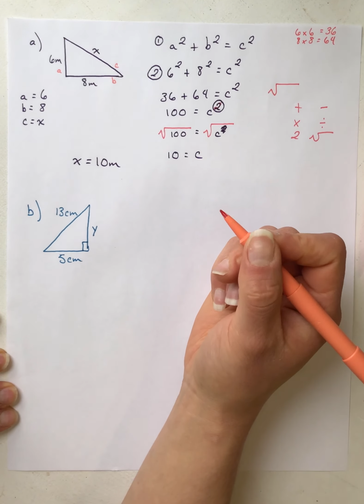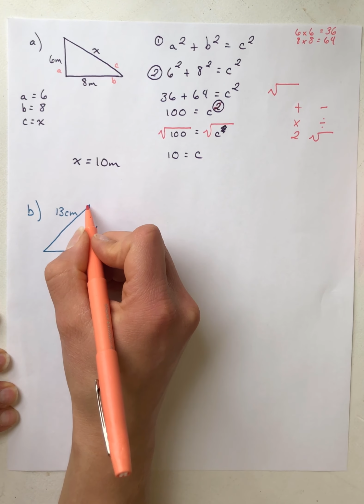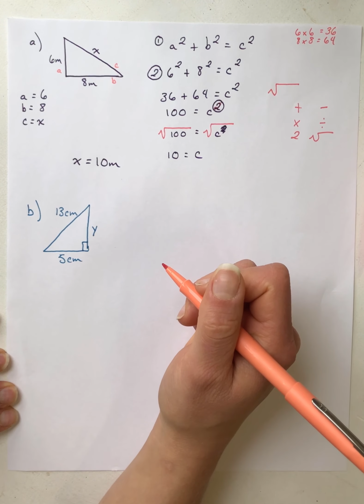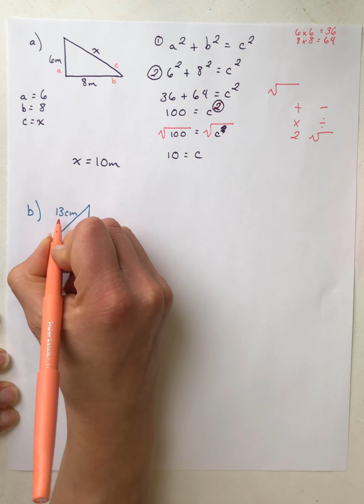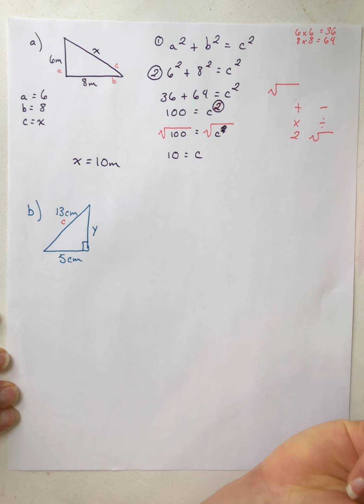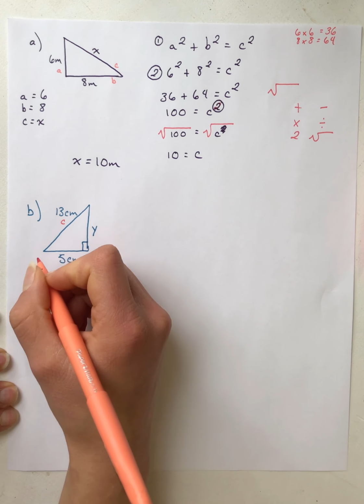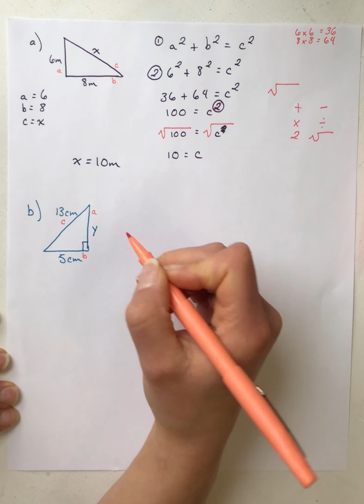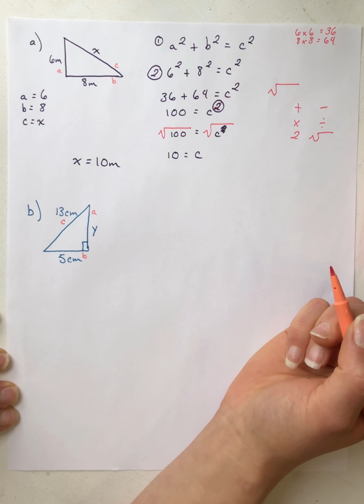So when we look at this, we are no longer trying to find c, because c is our hypotenuse, which is our longest side. So we automatically know that that's c. And so I'm going to label this one b and this one a. So we are now trying to find a.